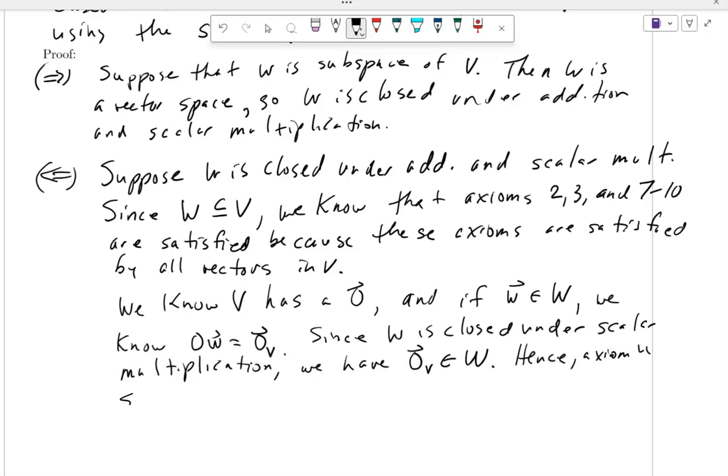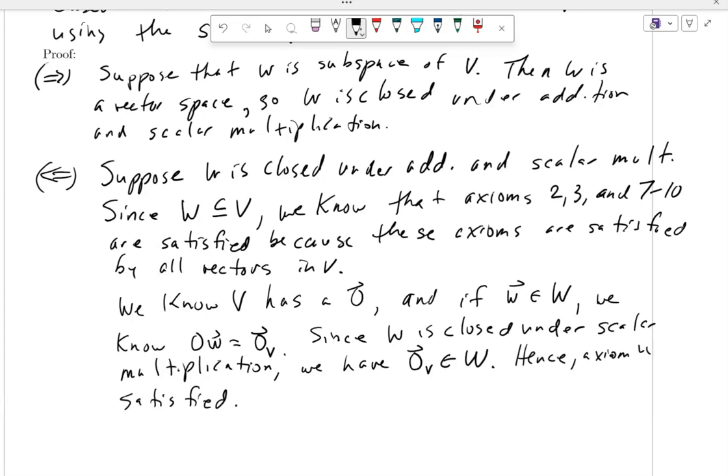So axiom 4 is satisfied. I know I'm making a big deal out of it, but the idea here is that just because I know that a zero vector exists in capital V does not guarantee me that the zero vector is in W.